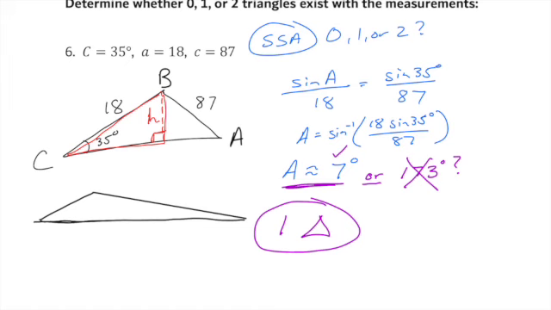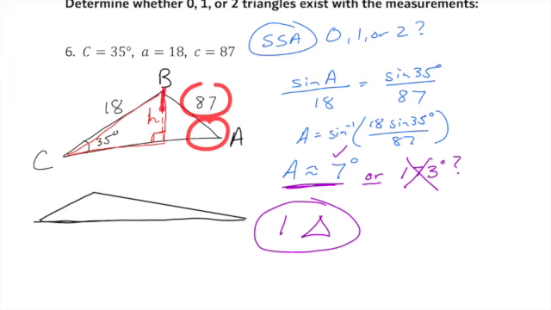So as long as that is longer than this altitude, you know you're going to be able to make one triangle. But you can't have two triangles because this is a longer side than this. So this angle, 35, must be bigger than angle A. Angle A can't be obtuse. So I really didn't even have to do any work here because I knew, or should know, that the obtuse case would never work for this.